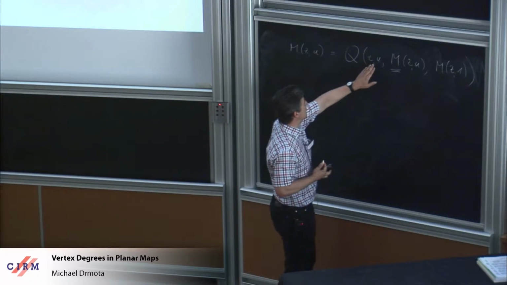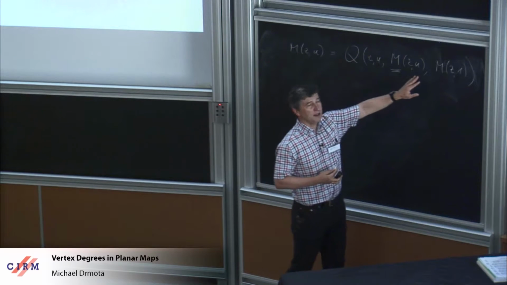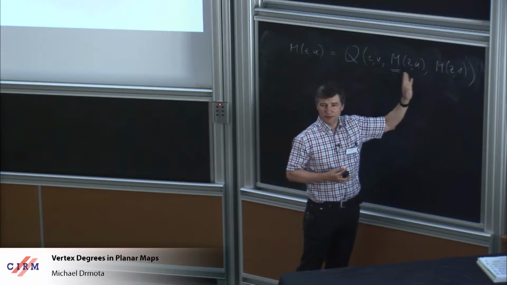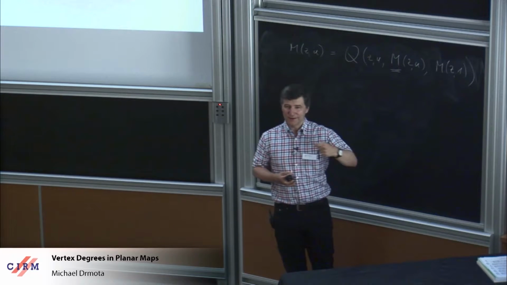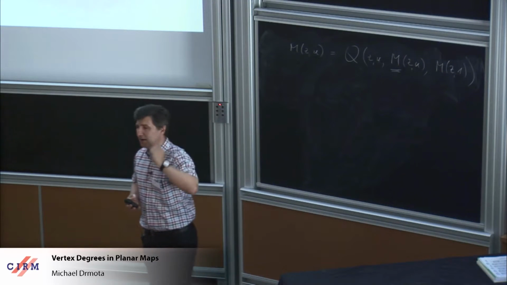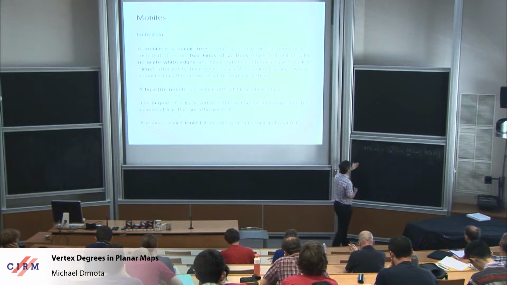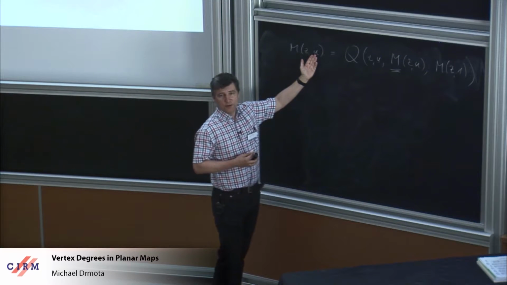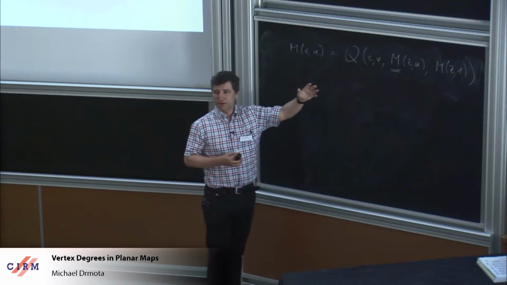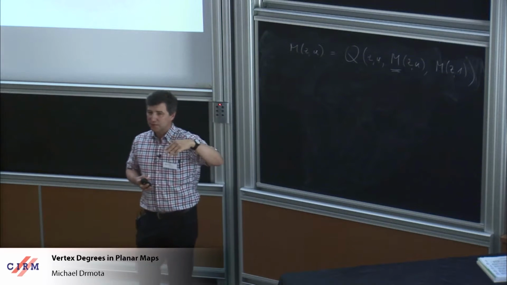The problem is, if you put u to 1, it seems that you should get an equation for this function, and then you can iterate. Unfortunately, in this context of map enumeration, if you put u to 1, you don't get anything but 0 equals 0, or something like this.